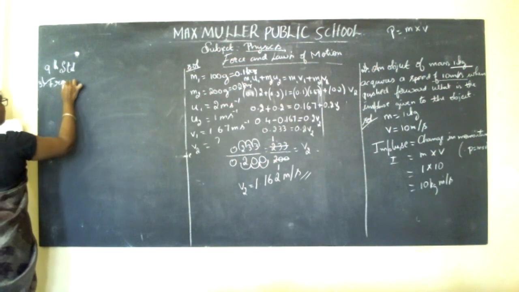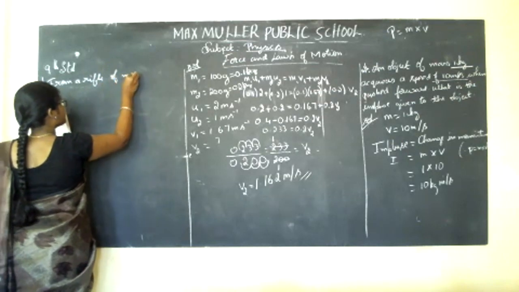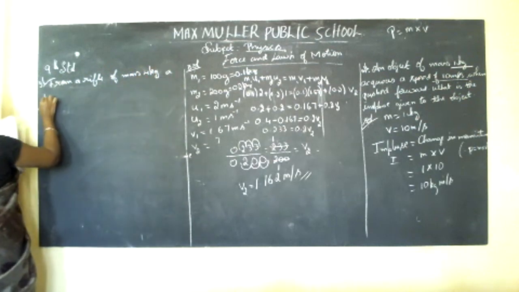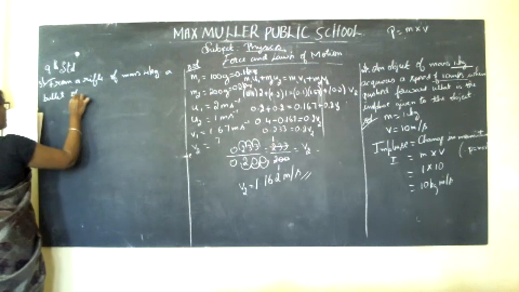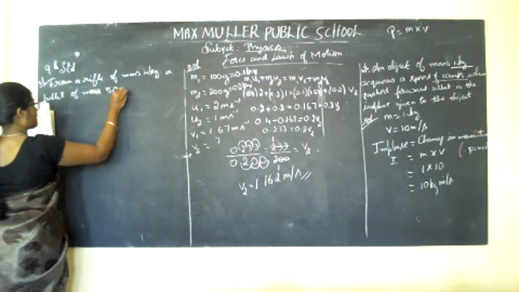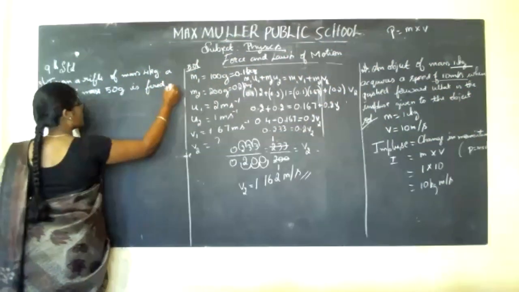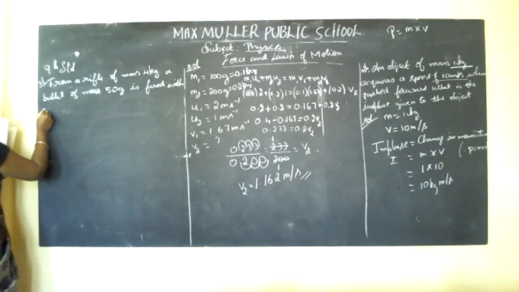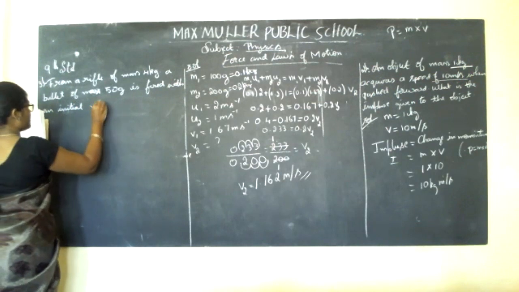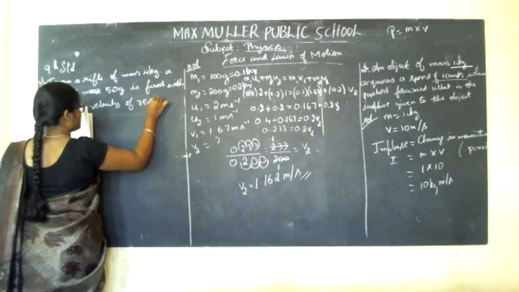From a rifle of mass 4 kg, a bullet of mass 50 grams is fired with an initial velocity of 35 meter per second.